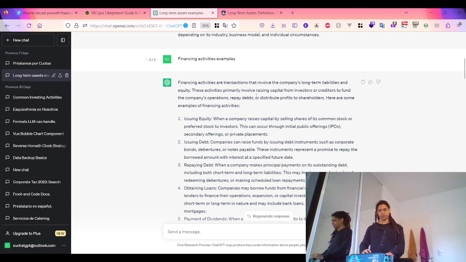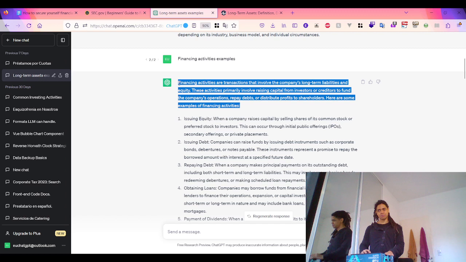This activity primarily involves raising capital from investors or creditors to fund the company's operations, repay debt, or distribute profits to shareholders. Here are some examples of financing activities.